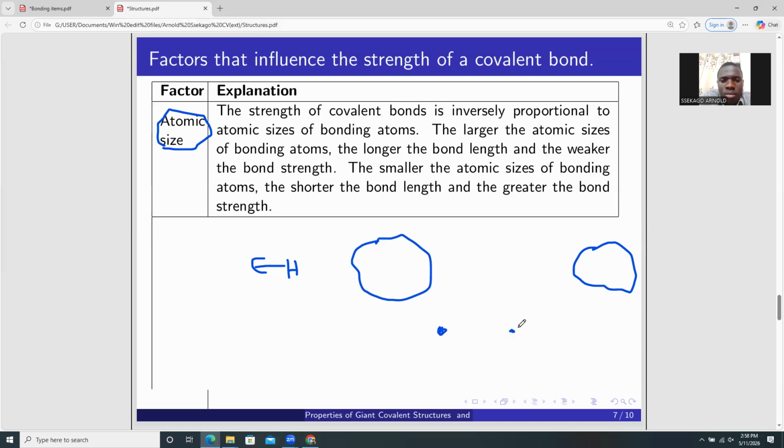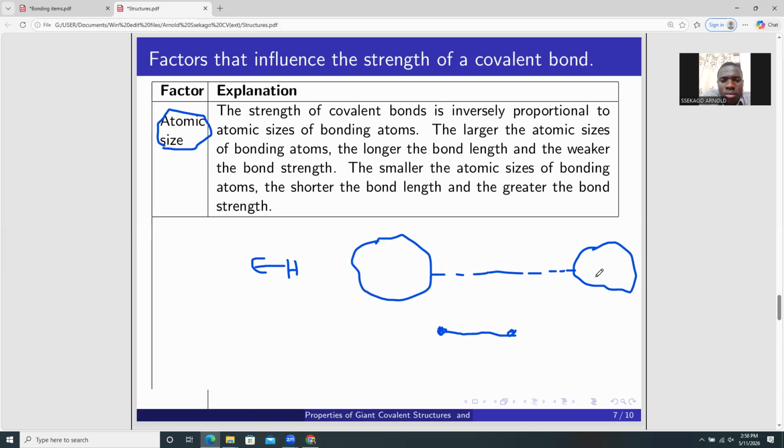Think about this carefully. These big atoms are big, they are fat. They walk slowly so that they link up. However, if you have atoms that are small, they walk quickly so that they link up.